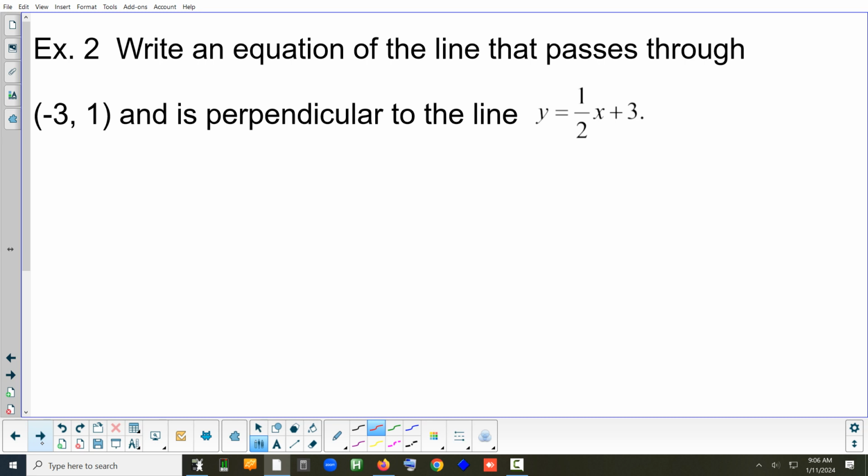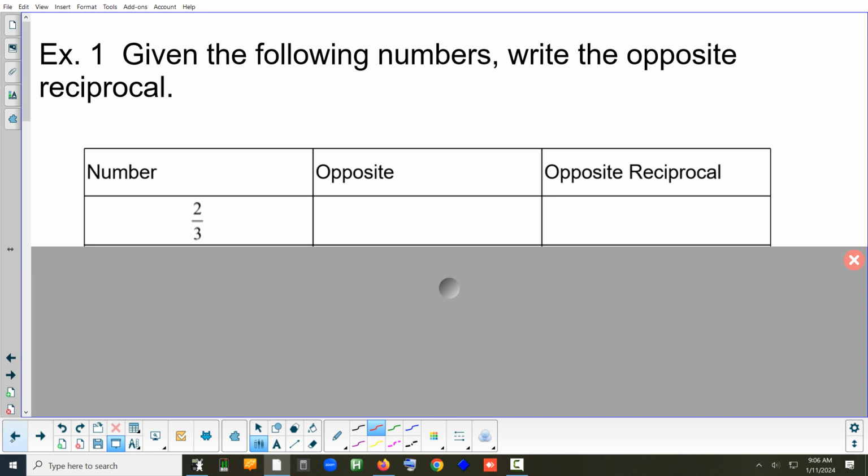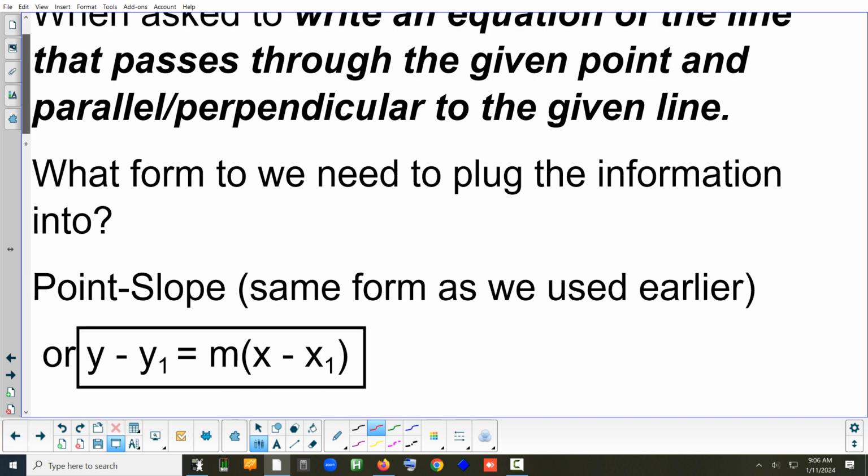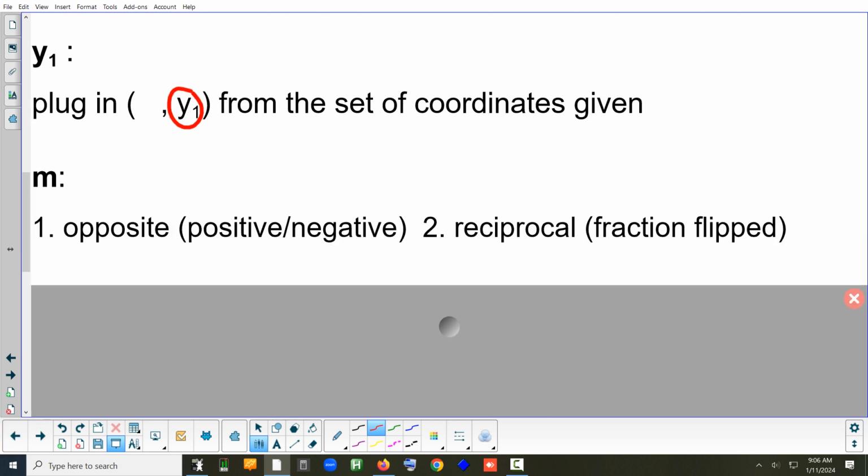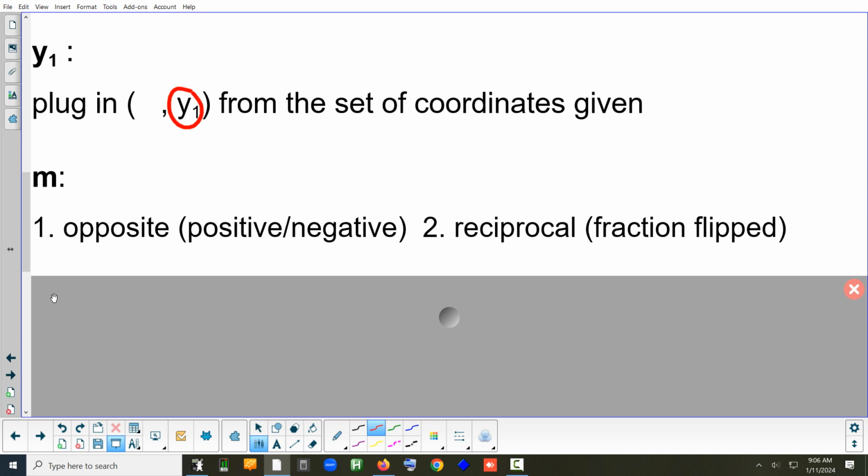I used 1/2 in my line because I wanted them to be the same. Well, now we're going to do perpendicular. So we're not just going to copy down that 1/2. We're going to take the 1/2 and find the opposite reciprocal. That's going to be my slope.